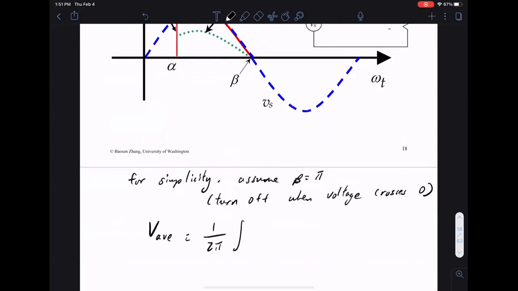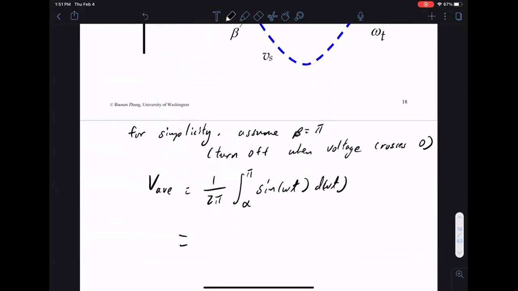1 over 2 pi, integrating from alpha to pi of V max sine omega t d omega t. This is fairly simple.